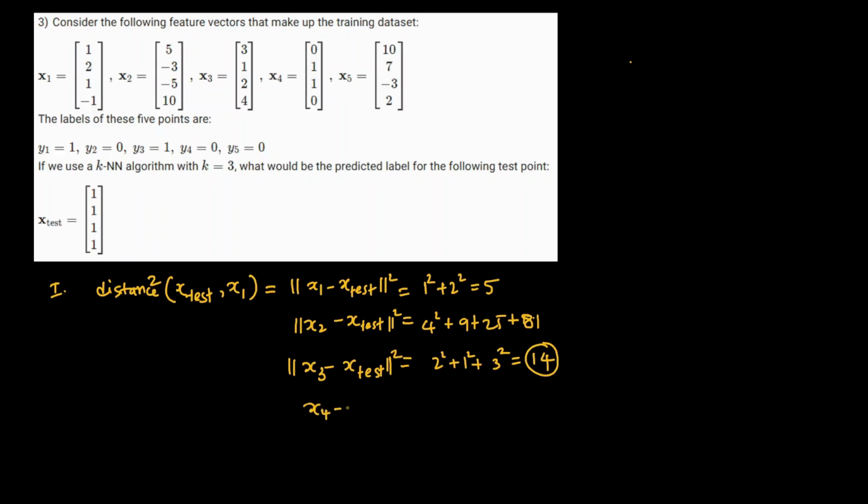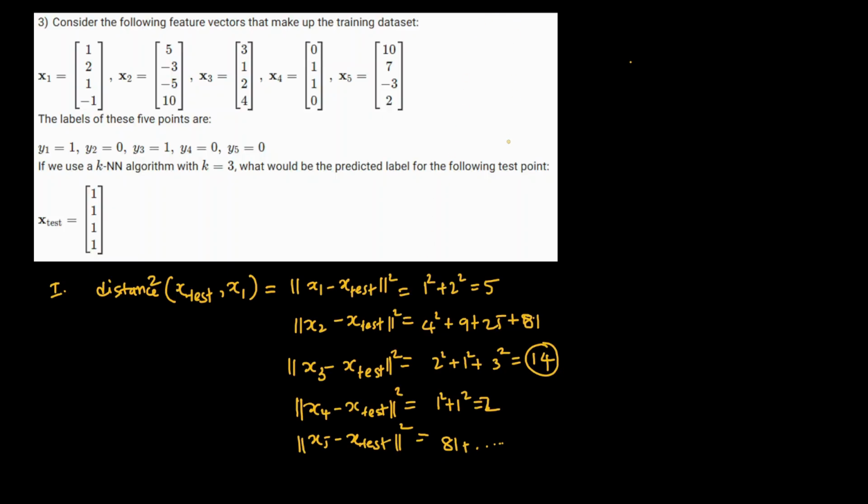If I compare it with X4, the norm squared of X4 minus X test is 1 square plus 1 square, which is equal to 2. Comparing with X5, I would obtain 81 plus something, so these are all large numbers.